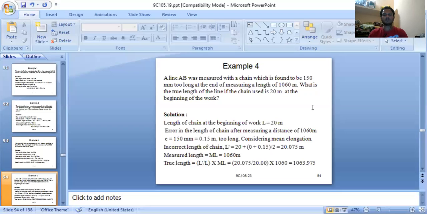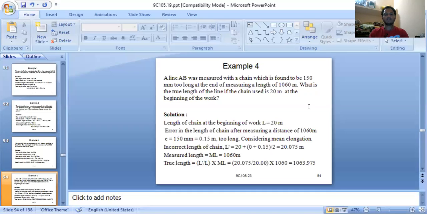In this case, we have to take the average error before starting the survey and after ending the survey. Before starting the survey, the error is 0. At the end of the survey, the error is 150 mm, which is equal to 0.15 meters long. So the average error is 0 plus 0.15 by 2, which is 0.075 meters. Therefore, the average error E is 0.075 meters too long.